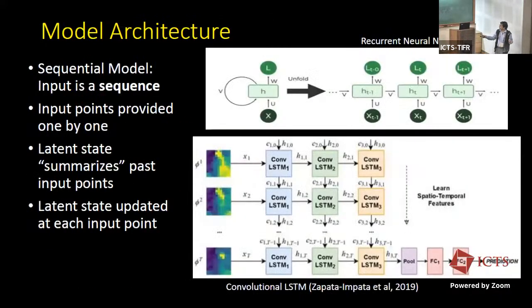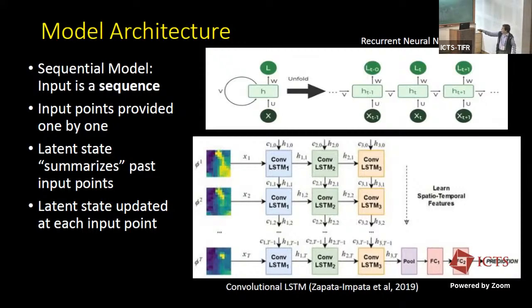Let's just say for now that the input which you are providing is a time series of some atmospheric variable, and you expect the output to be, let's say, the amount of rainfall which the Indian landmass receives. Now, because the input is a sequence, you don't provide the whole thing at the same time, but you do it step by step.